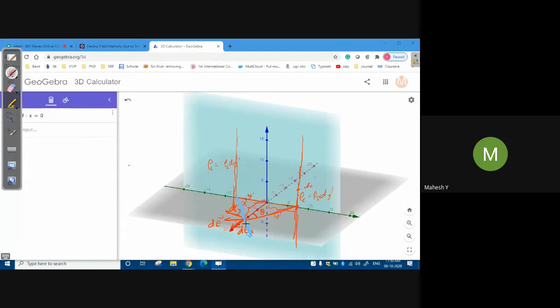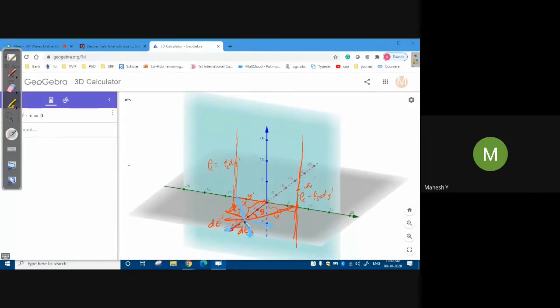Okay. So the field is in this direction, which also can be split into two components. One is the X component, another one is the Y component. Right. Now, what happens to the Y component? Due to this line, the Y component is in the minus Y direction. At the same distance we have another line, where the Y component is in the other direction. In the last class, we discussed how the Z component cancelled.